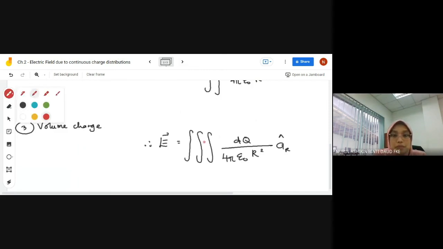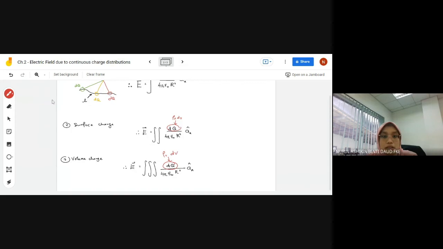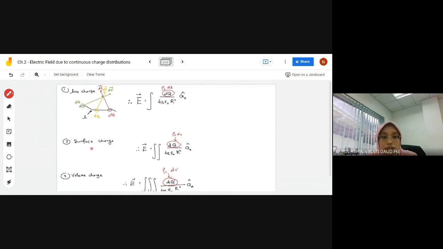If you still remember, what is the value of dq for volume? It is rho v dv. So this is how it will be for line charge, surface charge, and volume charge.